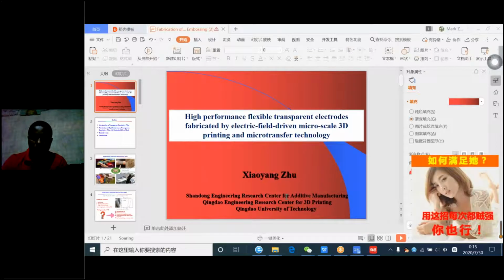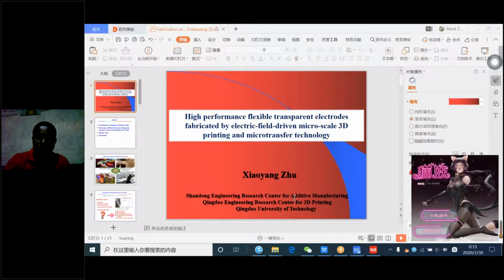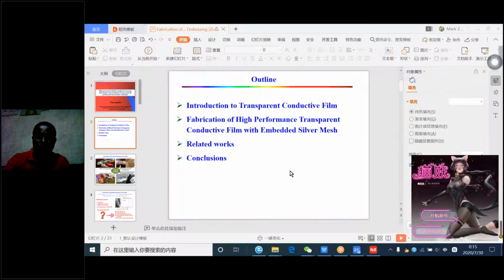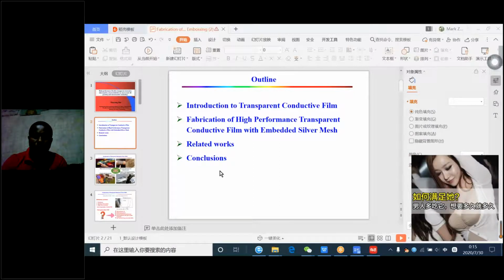The outline of this talk is listed as follows. Introduction to transparent conductive film. Fabrication of high-performance transparent conductive film with embedded silver mesh. Some related works and the conclusions. First of all, I want to give a simple introduction to the transparent conductive film, shortened as TCF.